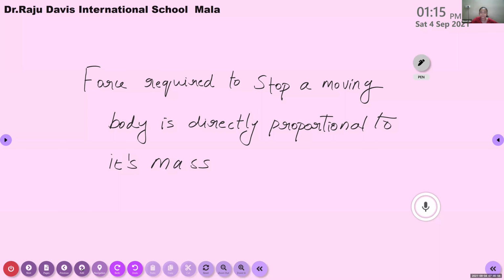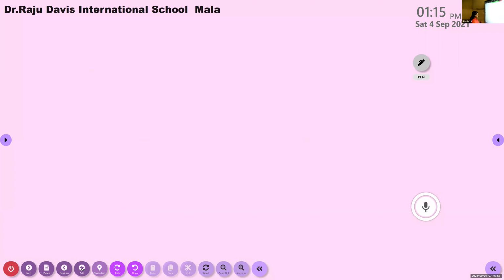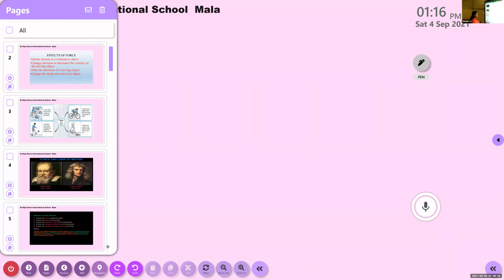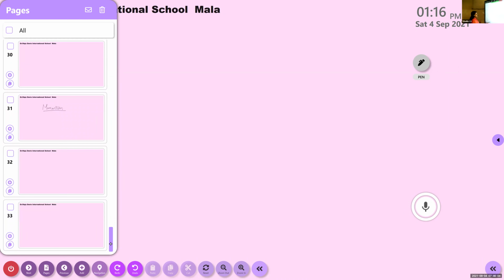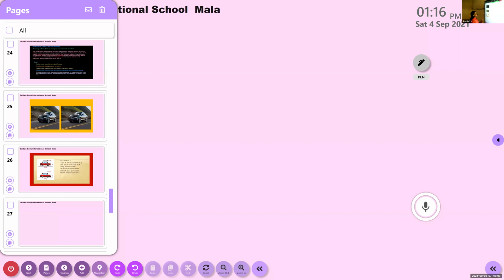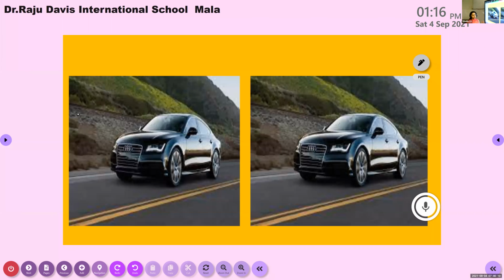Okay, now I will show another image. Imagine two cars. Both are real cars with the same mass, but they are moving with different velocities.